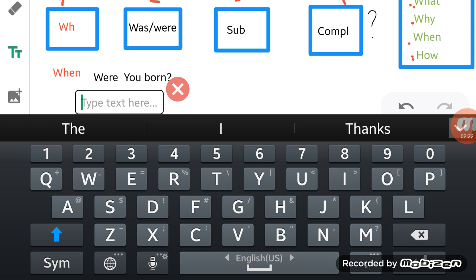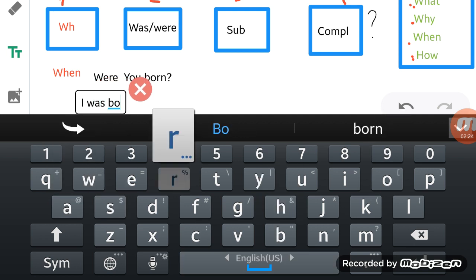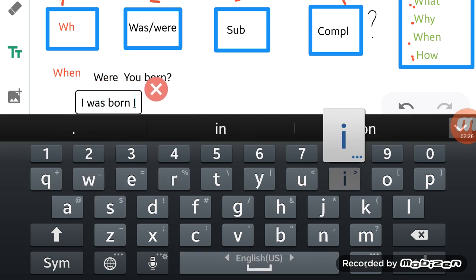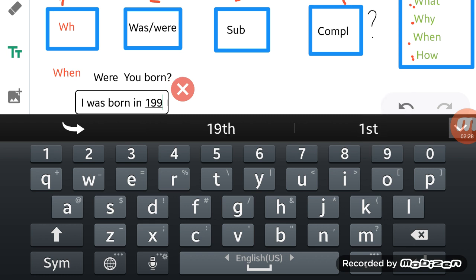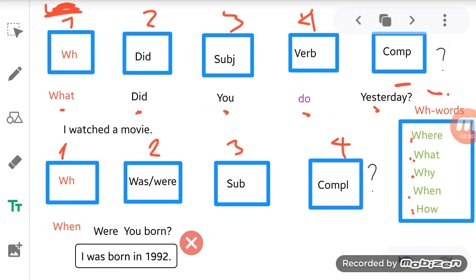When were you born? Well, I was born in 1992. I was born in 1992. So remember, when we have the WH questions, we need the extra element that is the WH.